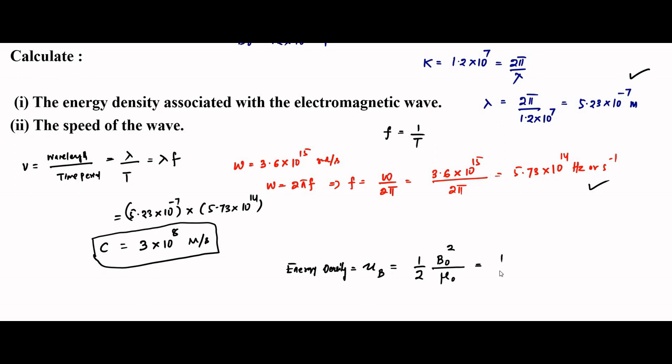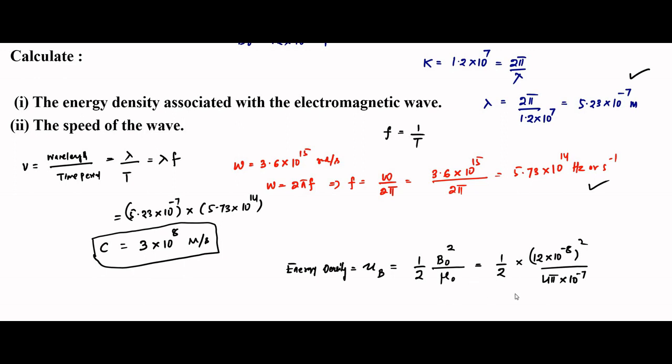That is equal to 1 by 2 times (12 × 10^-8 Tesla) squared by μ0, which is 4π × 10^-7.